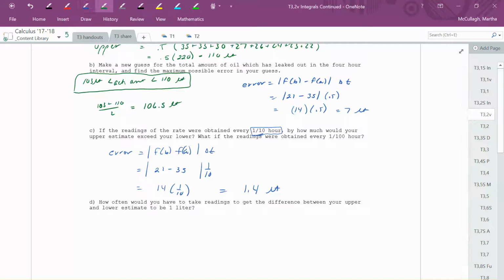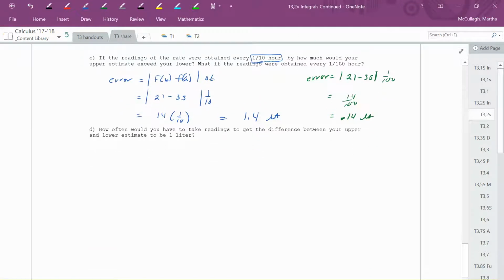Well, it's the same problem, but now my error is equal to the absolute value of 21 minus 35 times 1 over 100. So it's equal to 14 over 100, or 0.14 liters. So this just becomes my delta T value.